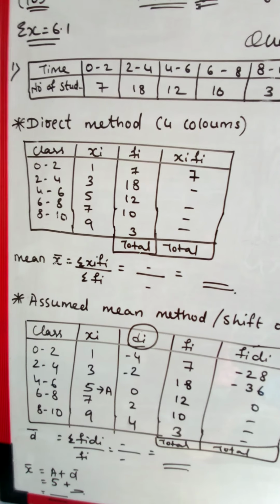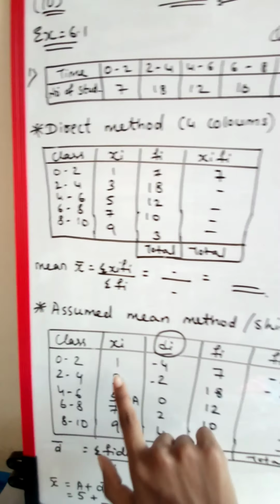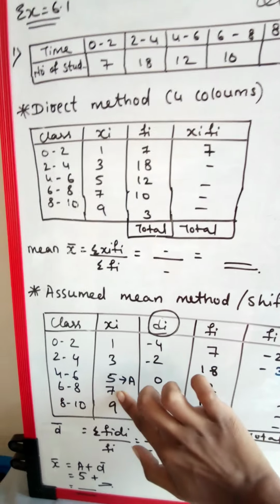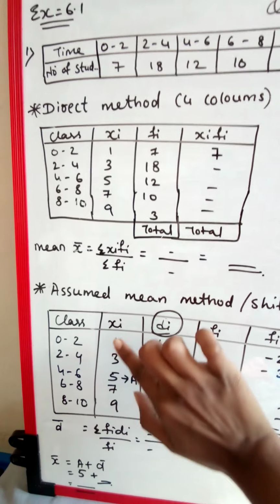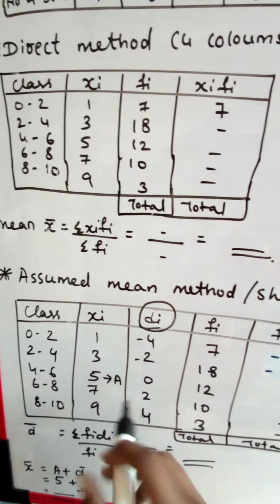Now in this same question I will show you how to solve in the assumed mean method. Class you have written as it is, xi middle you have written as it is. Then take the middle one, count the same number above and below. The middle one you will write as a.